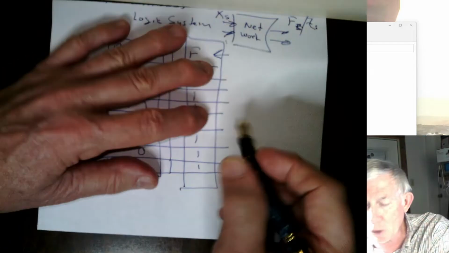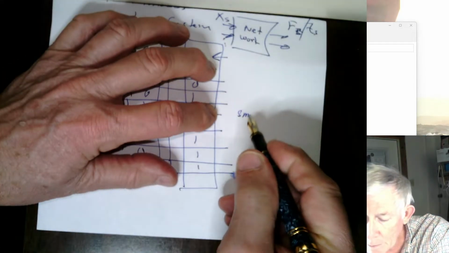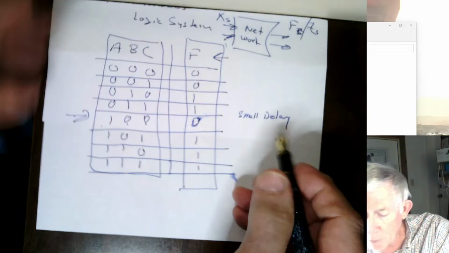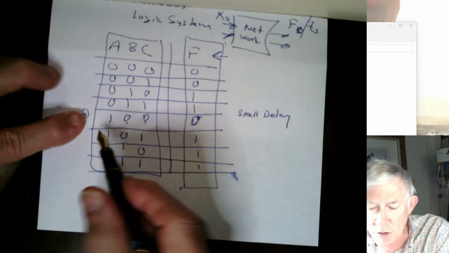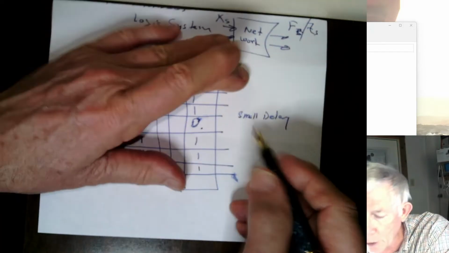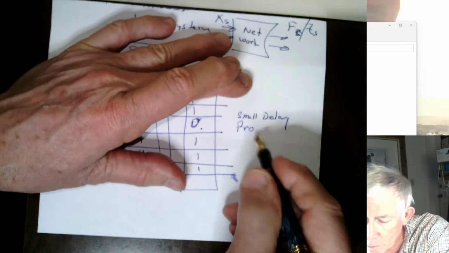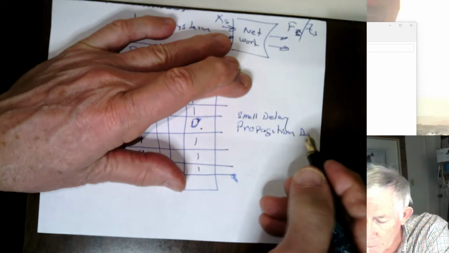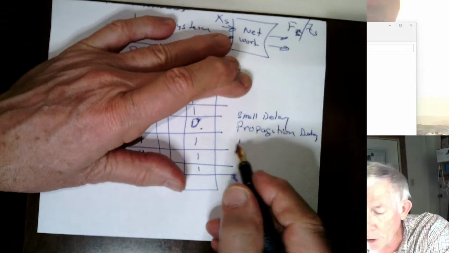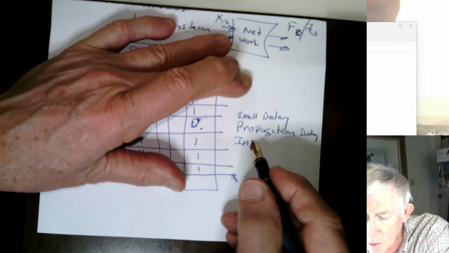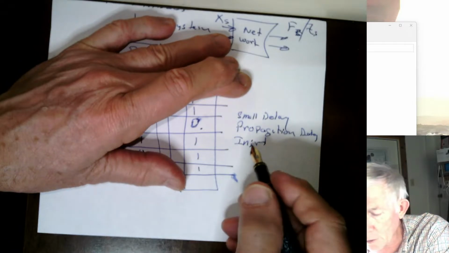Now there's usually a small delay from when we first change our inputs before the output is valid. We call that small delay a propagation delay, or we call it an inertial delay.